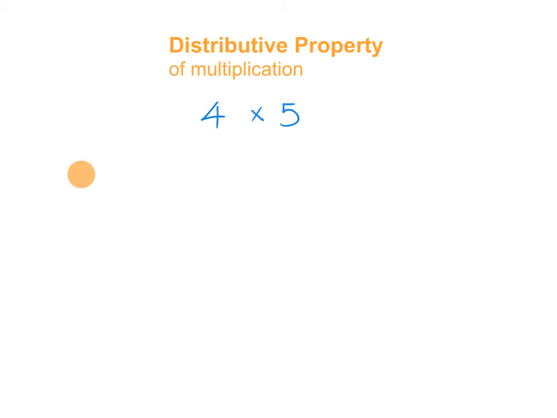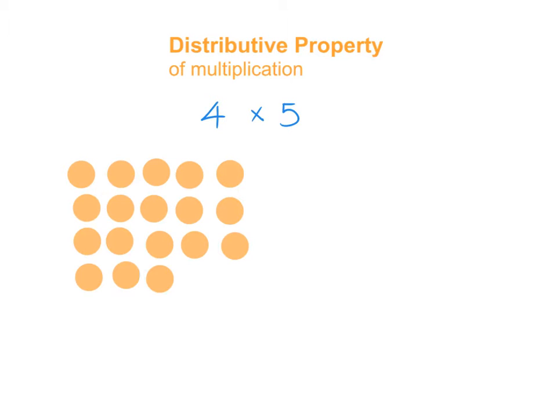So we did 1, 2, 3, 4, 5, 1, 2, 3, 4, 5, 1, 2, 3, 4, 5, 1, 2, 3, 4, 5. Okay, they're not exactly even. Let me see if I can make this a little prettier. That's a lot better.